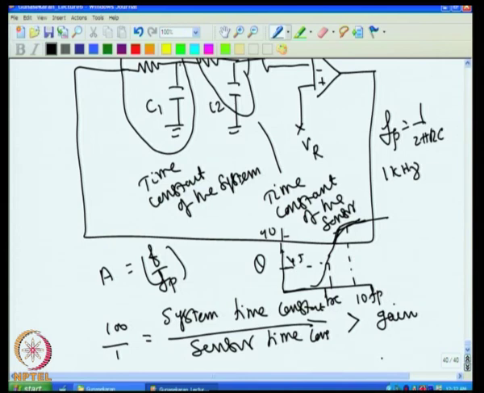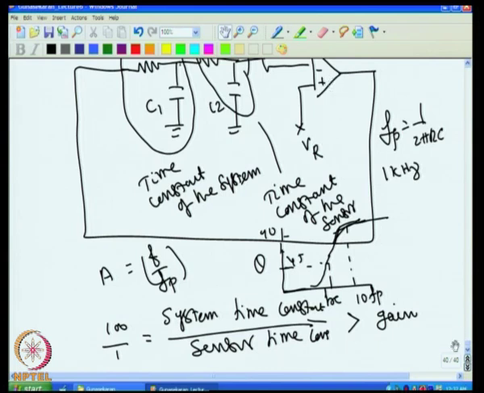So, if one maintains this ratio, that is, the gain of this amplifier is less than 100, then definitely the system will not oscillate at any frequency. That means I have to make sure that the actual gain given by the error amplifier is less than 100, then it will not oscillate.